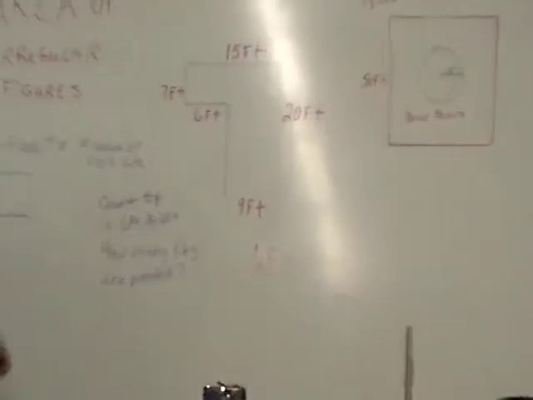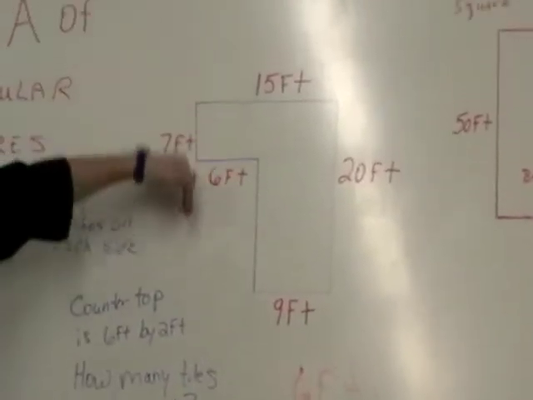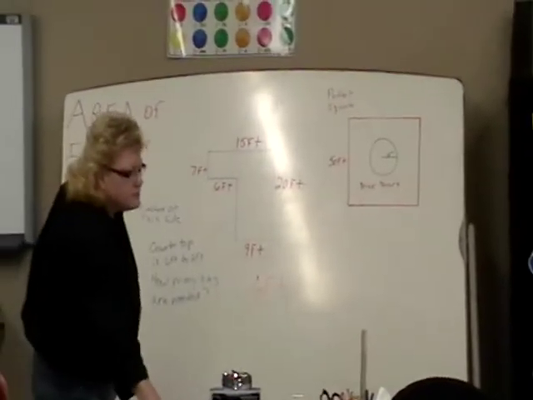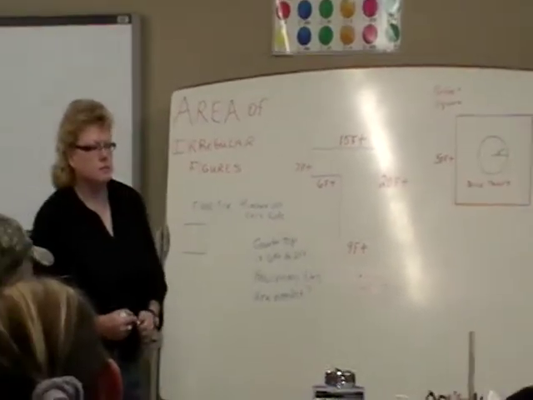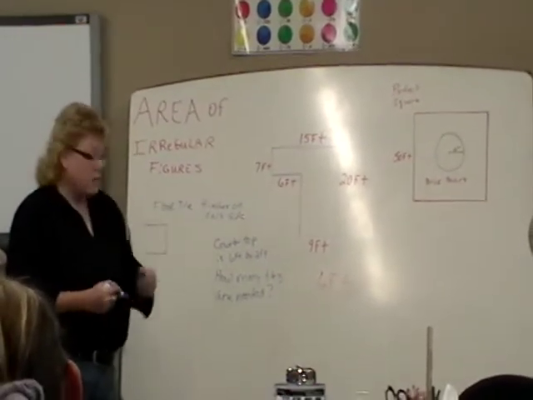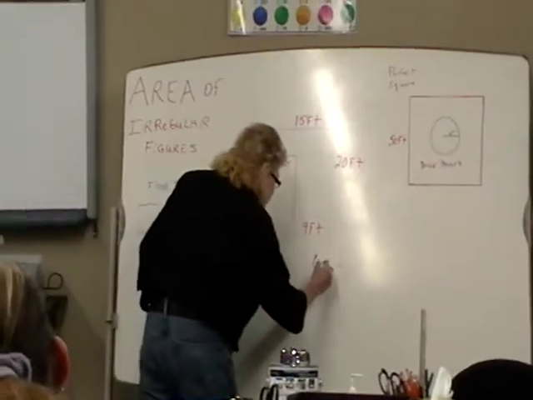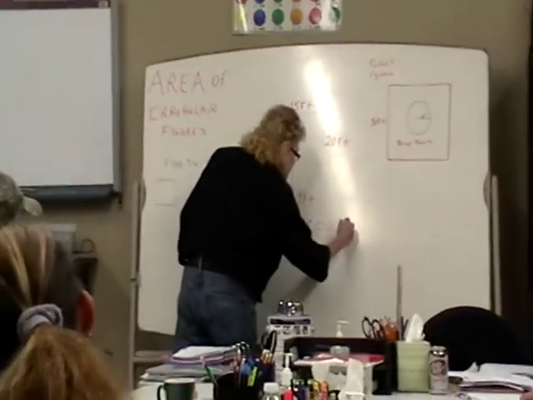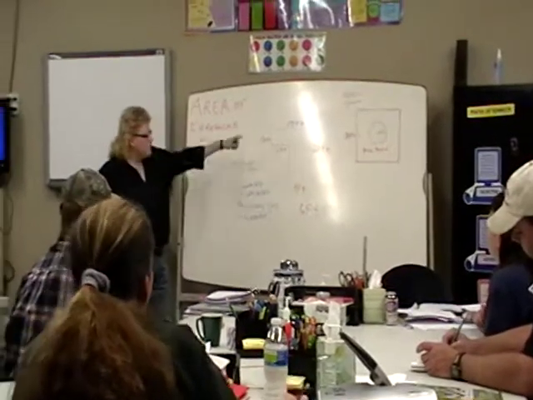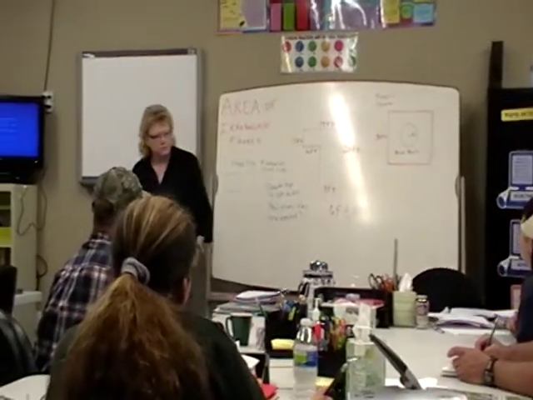How much is missing on the other side? This side's supposed to be 20, and we only have 7 of it. 13 is correct. So we've got 6 feet by 13 feet missing. So how do we figure area of the missing part?